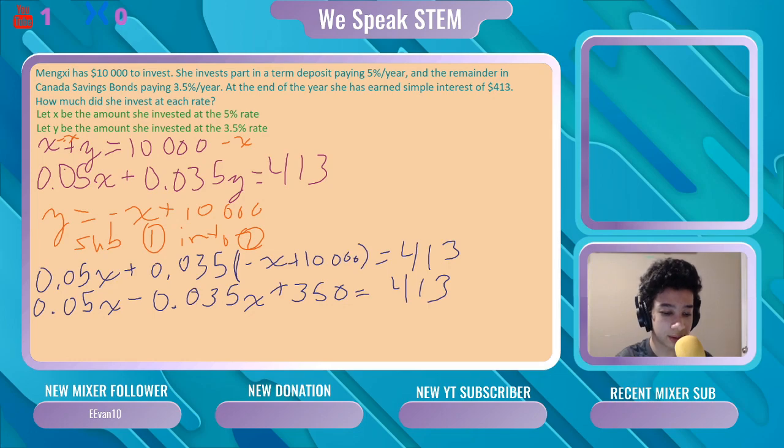So now we're going to combine the like terms. 0.05 minus 0.035 is 0.015x plus 350 equals 413. Okay, so we're getting somewhere now.